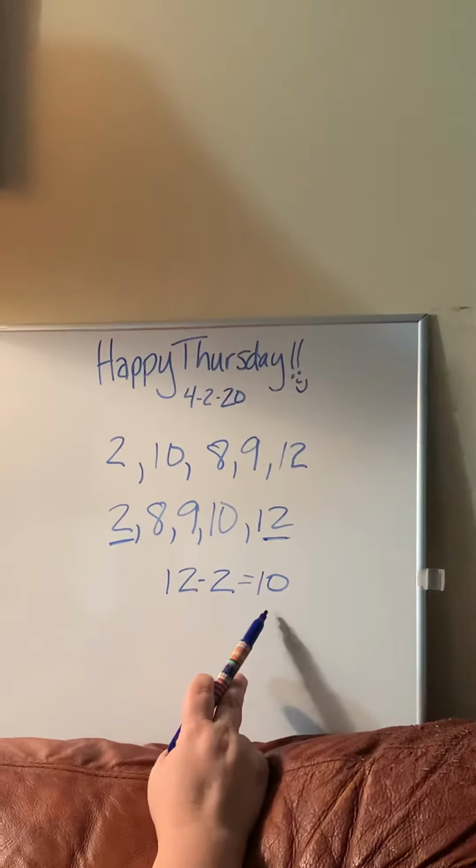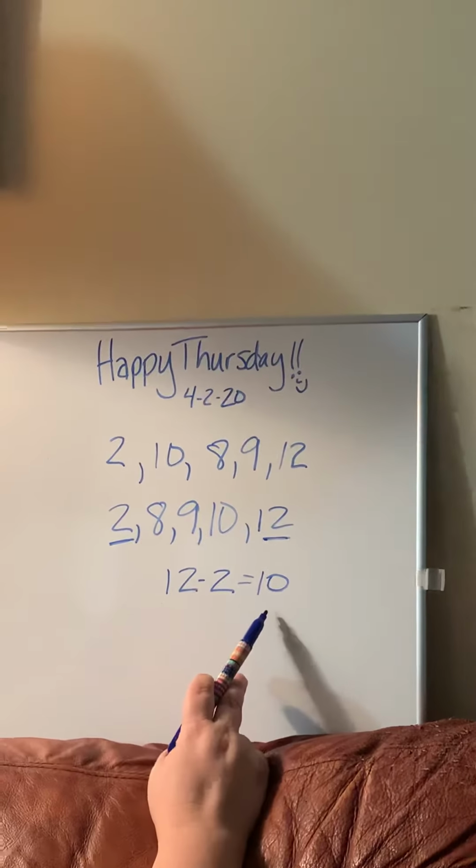So we've done our mode. Our mode is no mode, okay? Our range is 10. Our median is 9. And so all that's left is our mean or average, okay? An average. So the way you find your average, again, is you add all your numbers together.